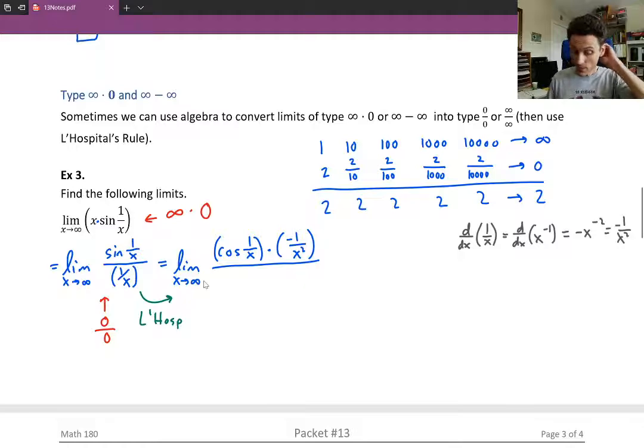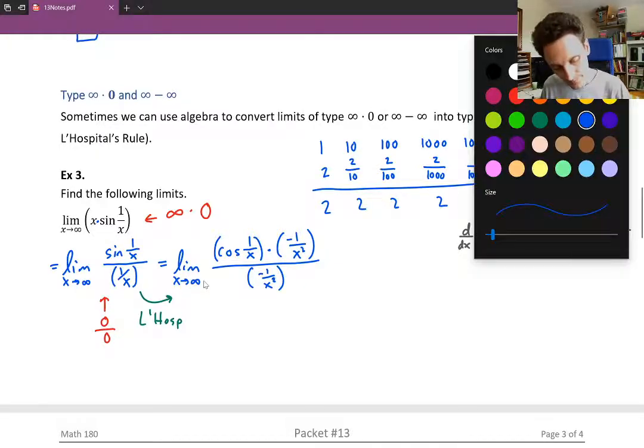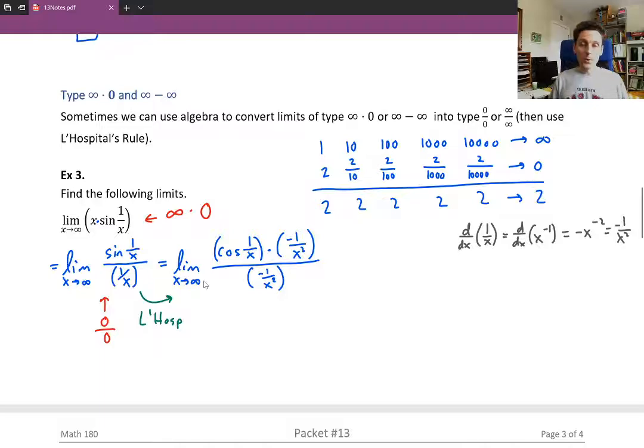Now the derivative of the bottom, the derivative of 1 over x, well, we just did that. That's negative 1 over x squared. Before we try to use L'Hopital again, we always want to try to simplify first. And there's a lot that can simplify here.